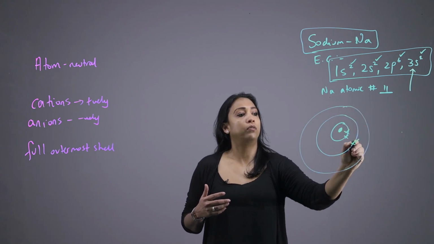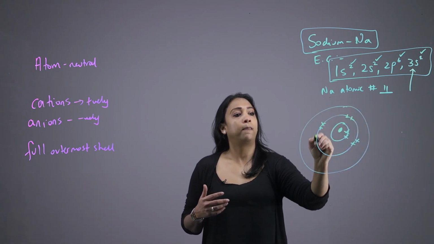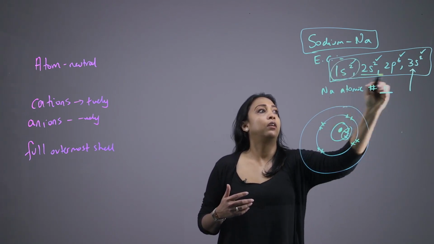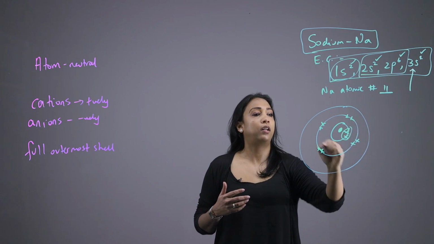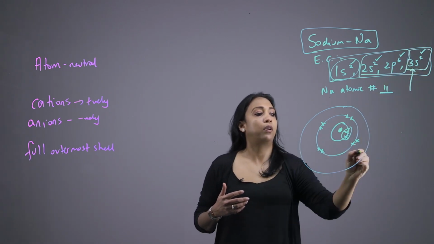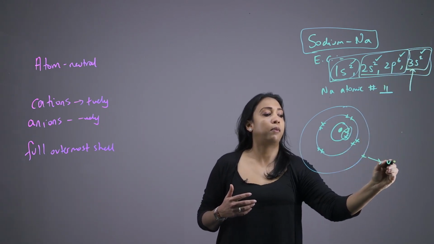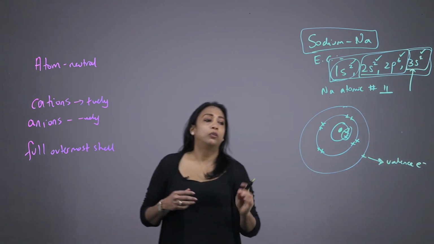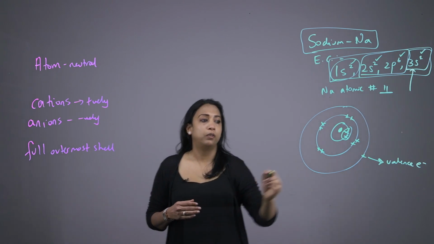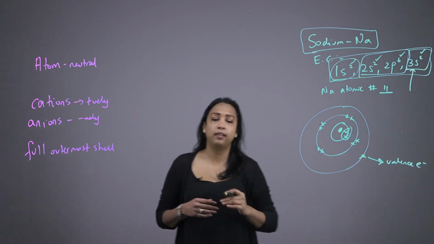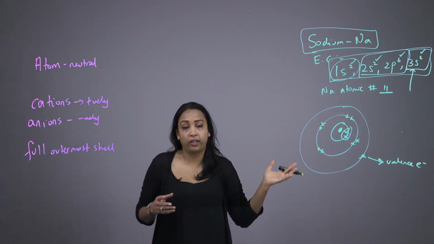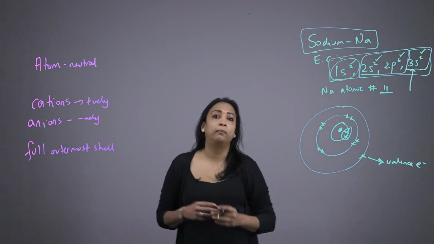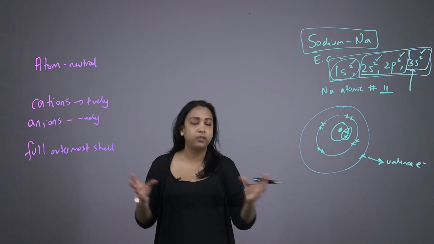I can draw sodium like this. So the first 2 is this. Then I have 8 in my second shell, and then I have my 3s1. So this is my valence electron. Okay? So what sodium will do is give away this electron to, for example, a nonmetal that will accept it, and sodium will become positively charged.